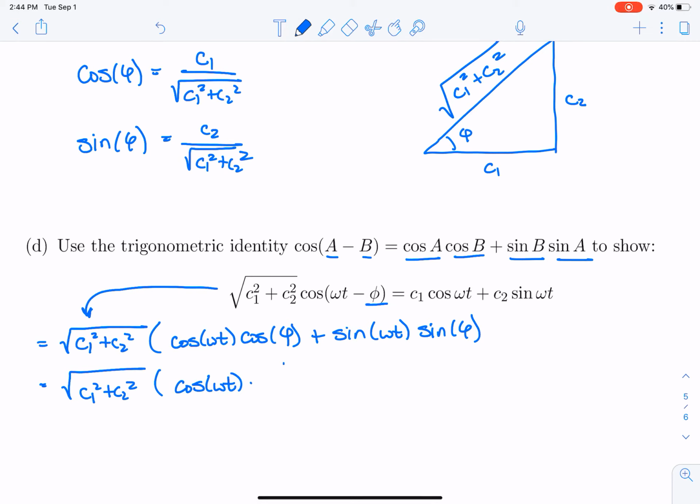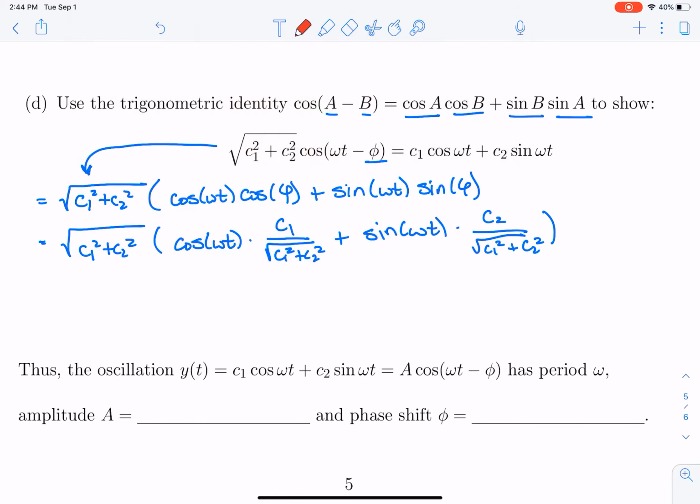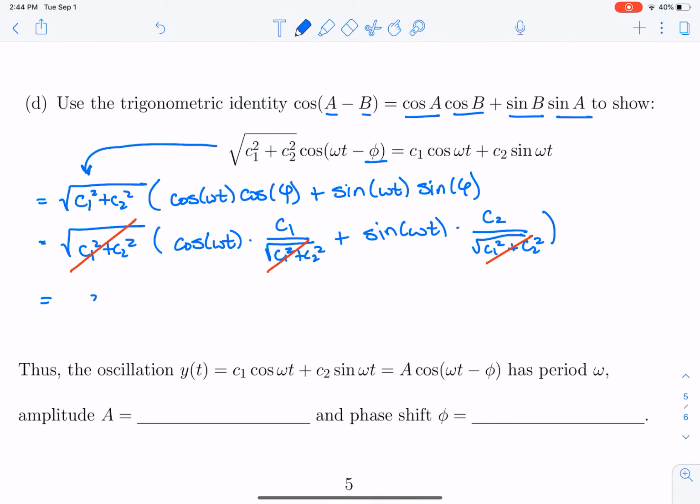Cosine of phi was C1 over the square root of C1 squared plus C2 squared. And then I've got the sine of omega t, and the sine of phi was C2 over the square root of C1 squared plus C2 squared. And so you should see here that this amplitude cancels with those two denominators. And so this is equal to C1 cosine of omega t plus C2 sine of omega t.